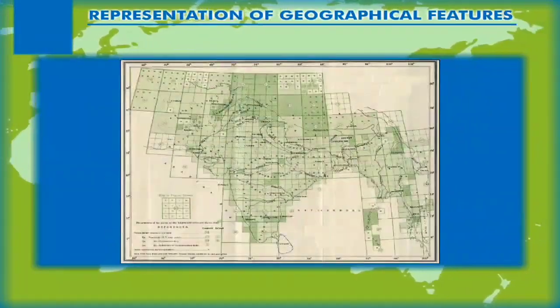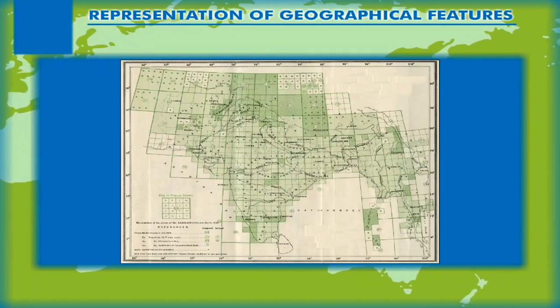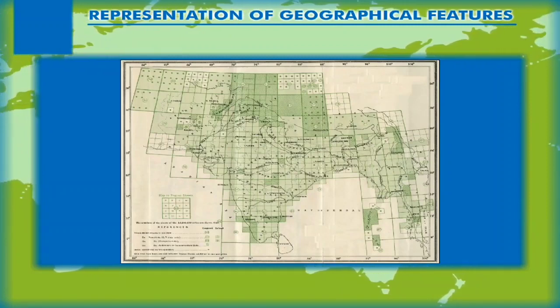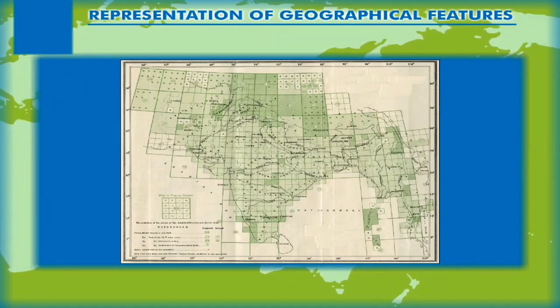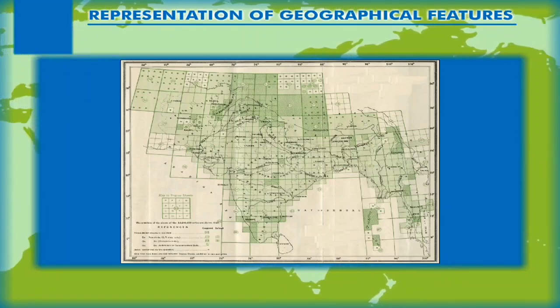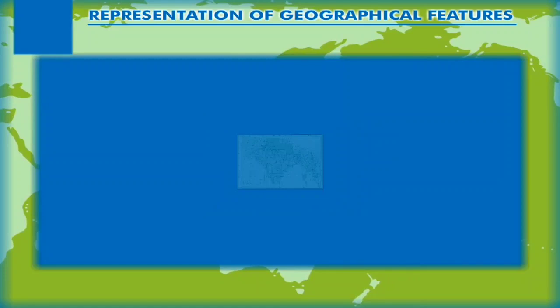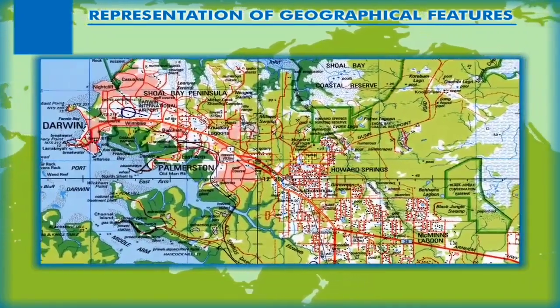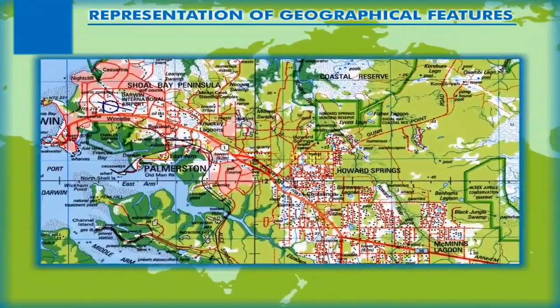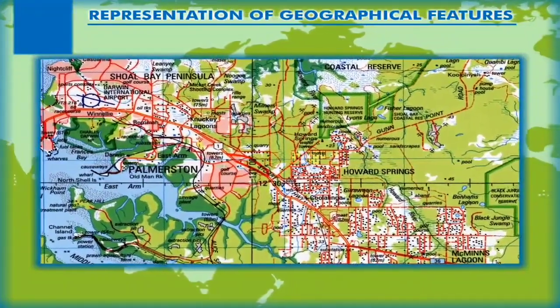It is published as a map series made up of two or more map sheets that combine to form the whole map. Several natural and some man-made features are represented by colors in a topographical map.